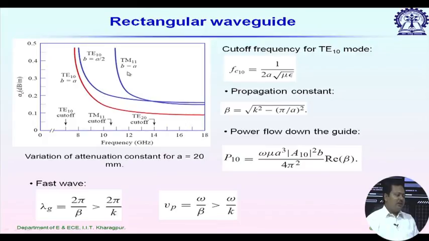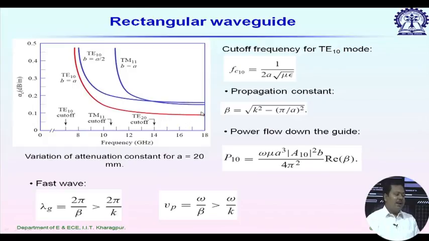For the same B equal to A guide, the TM11 mode appears at much higher frequency. For both these cases, at cutoff frequency it goes to infinity, and if we increase frequency, they decrease.